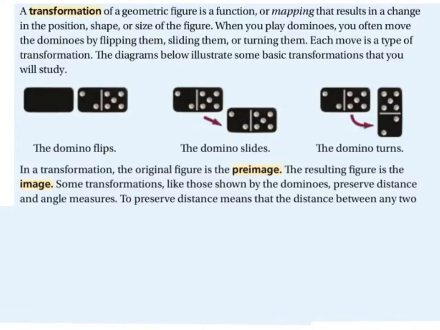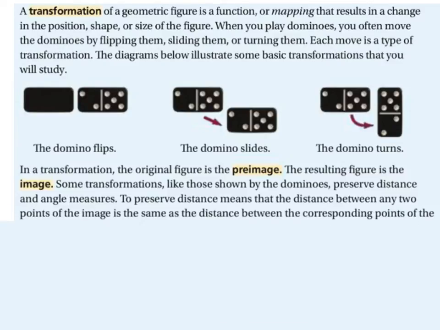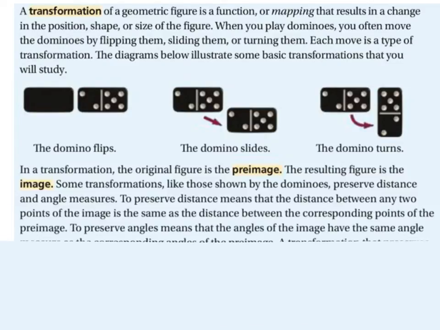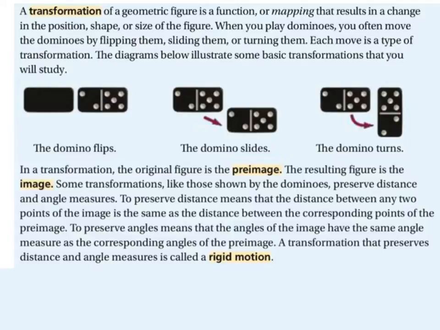We might just change the orientation. If that is what is happening, then we call that a rigid transformation. A rigid transformation is a transformation that preserves distance and angle measures. Basically that means the image and the pre-image are exactly the same shape and size, and you could take one and put it directly over the top of the other one.